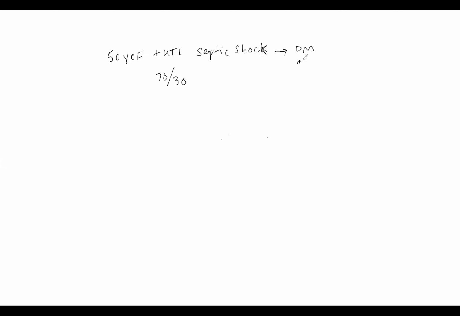She's a little overweight. She has some coronary artery disease. Has had some stents. Has some heart failure, and doesn't exactly know that much about any of her disease processes because she hasn't been to the doctor in 10 years. Okay, so she comes in 70/30. What is our first course of treatment?